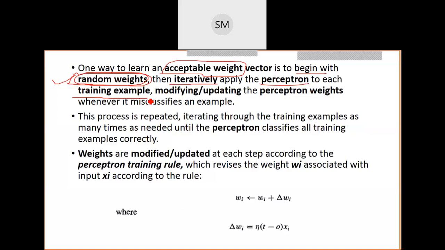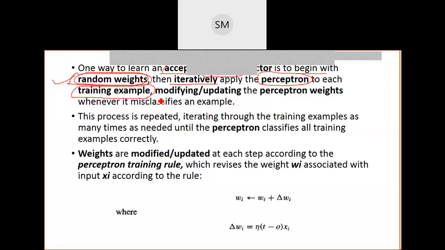At the beginning we choose weights randomly, but after some time we become more specific and particular. Now we are not interested in random weights; we want particular weights. So again and again we apply this perceptron, or neural network, to each and every training example.